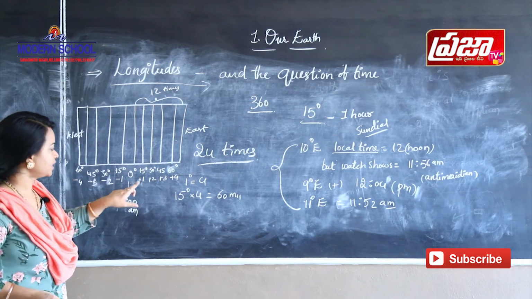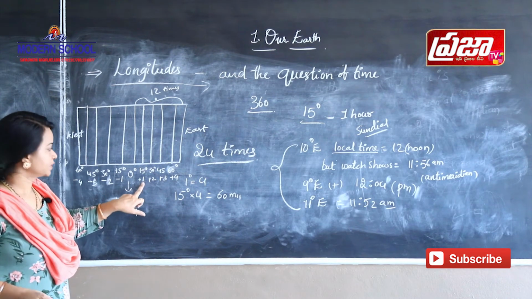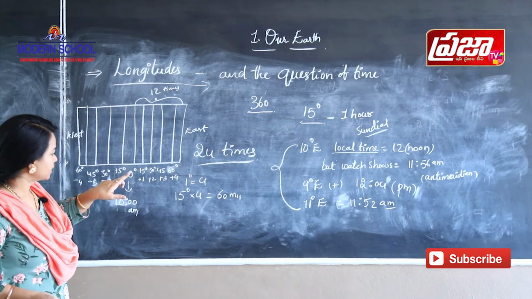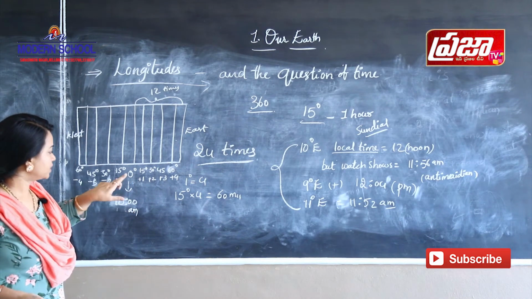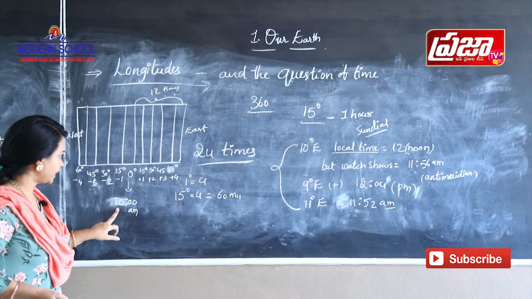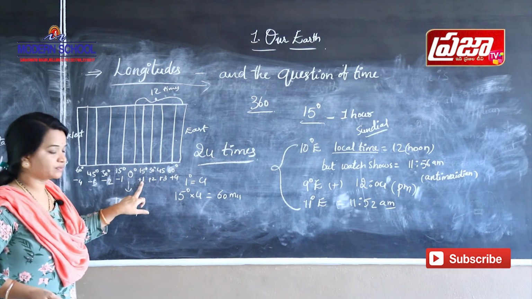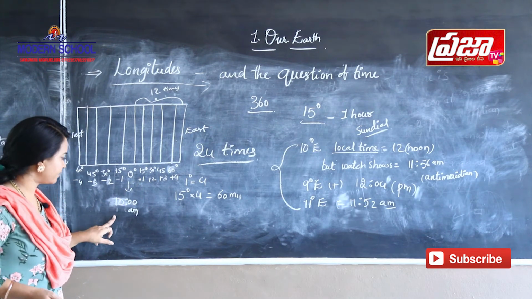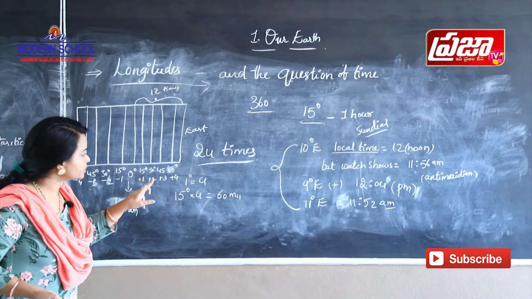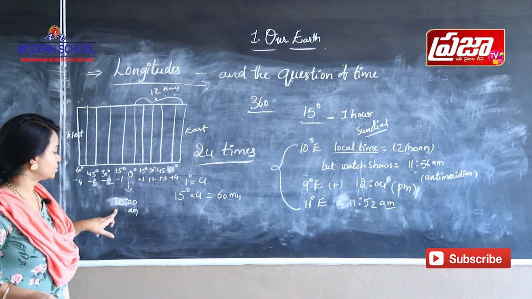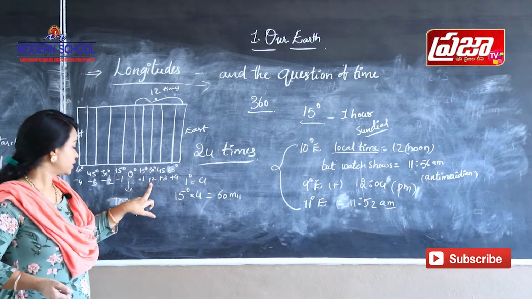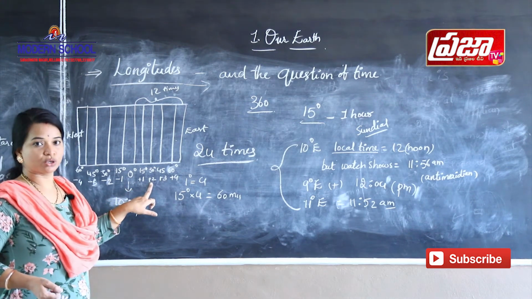It means here 11 a.m. It means at the same time, at 0 degrees Greenwich, the time is 10 a.m. When you are moving towards 15 degrees, the time is 11 a.m. and when you are moving towards the east side to 30 degrees, you have to add 2 hours, so the time will become 12 o'clock.